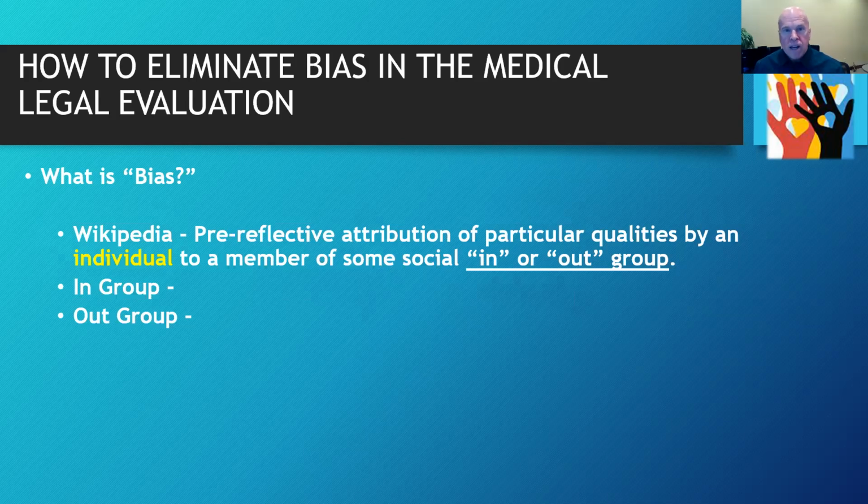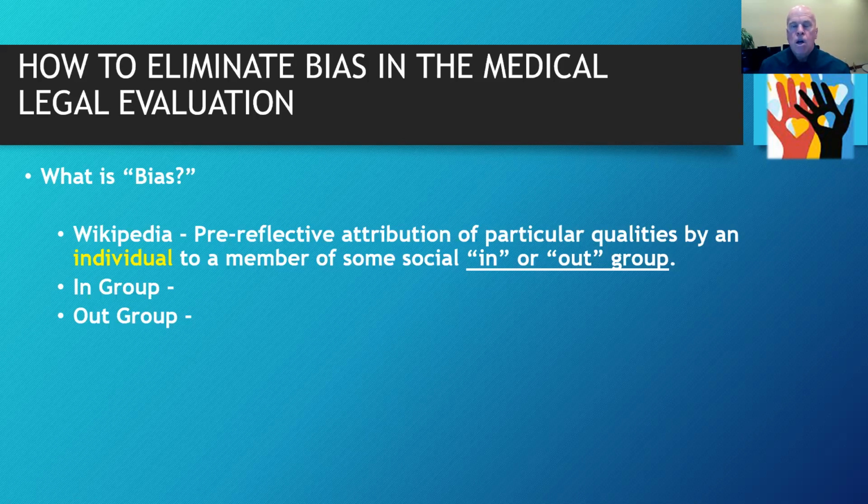But a pre-reflective attribution is before thinking. It's reflexive. We have these inside of us. It's the pre-reflective attribution of particular qualities by an individual, such as a qualified medical evaluator, to a member of some social in-group or some social out-group.